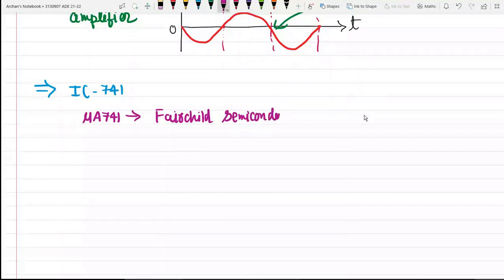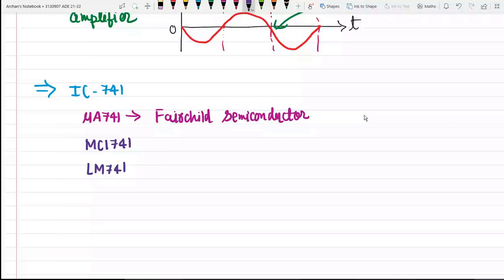Now a number of other manufacturers also produce this IC741. If it is produced by Motorola, then the same IC741 is known as MC1741. If it is produced by National Semiconductor, then it is known as LM741. For convenience, this widely used IC is simply called IC741.